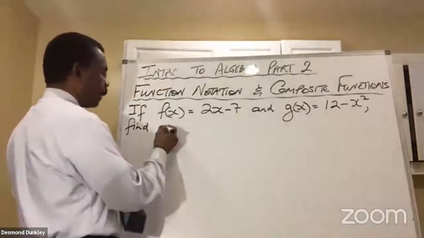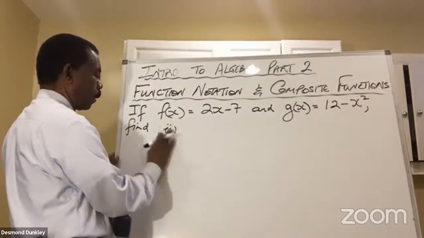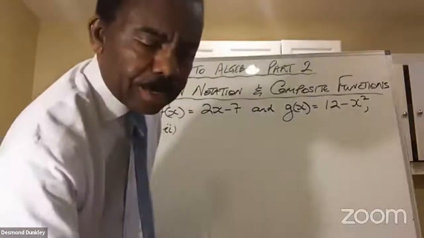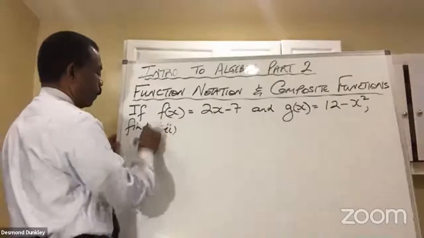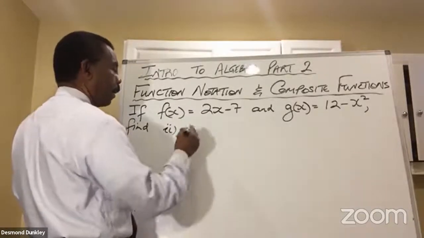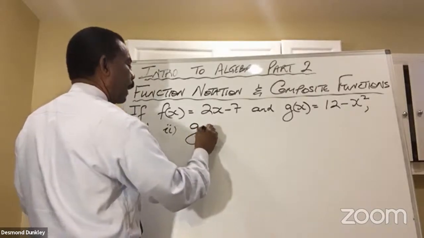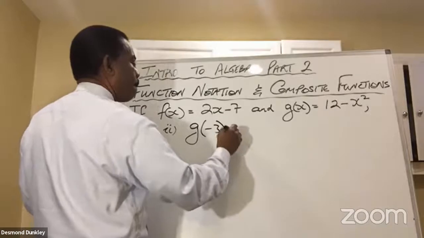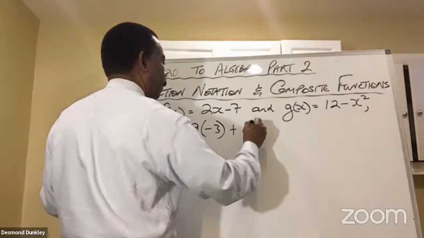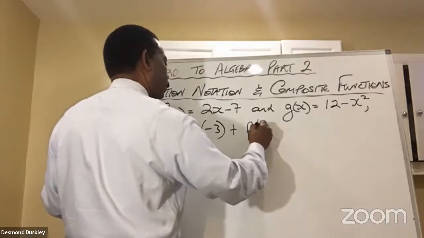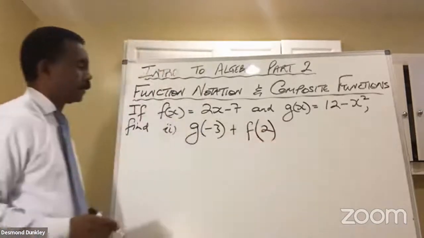You might see a question like this. This is number 2. They might say to you, okay, what is G of -3 plus F of 2?